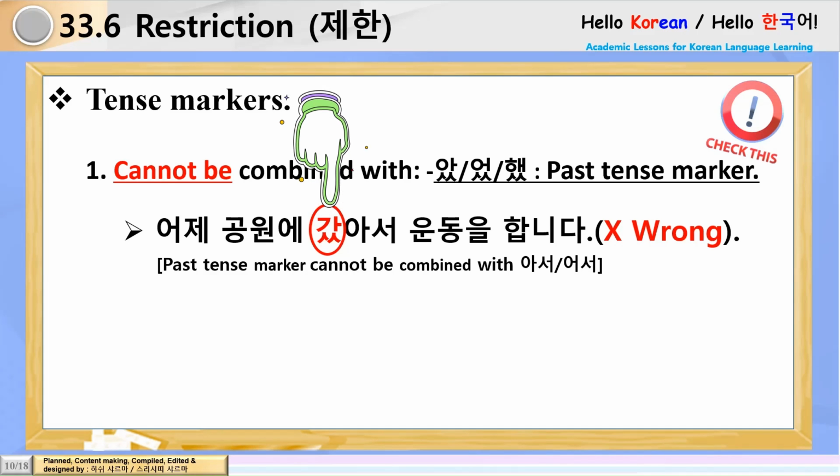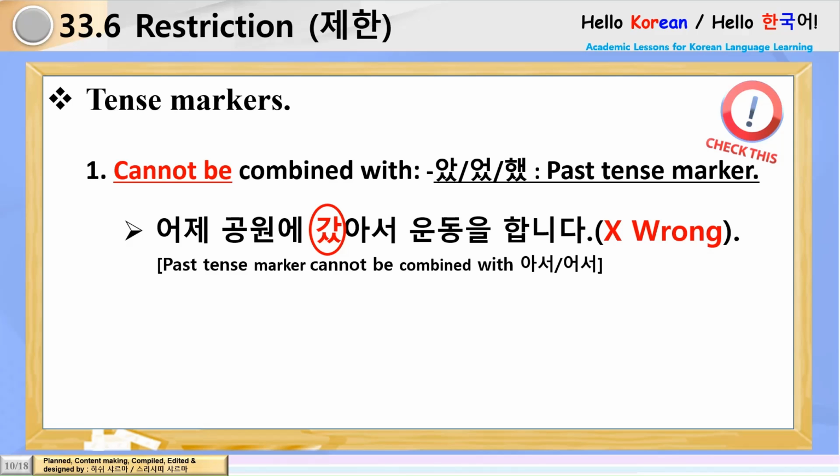See one sentence, 어제 공원에 갔어서 운동을 합니다. In this sentence, past tense is being conjugated with 아서/어서, which is wrong. How can we make this sentence correct?